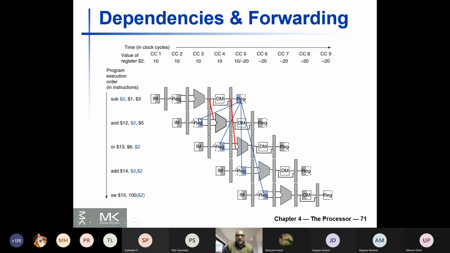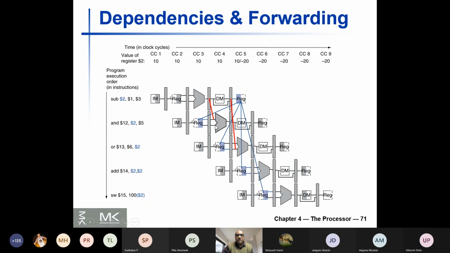But this input is available only in cycle 5, only then is this register available. But in cycle 4 itself we require it. The result is indirectly available here, the same result that is to be placed in this register. So you can forward it directly.